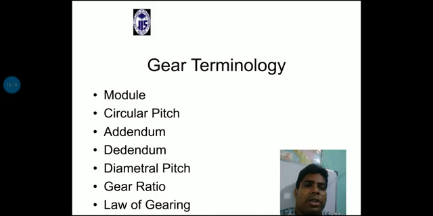And diametral pitch, one point we have left, that is diametral pitch. It is also termed as Pd. Diametral pitch is just vice versa of the module. A module definition is d by t, but diametral pitch is defined as the ratio of the total number of teeth to the diameter of the gear.